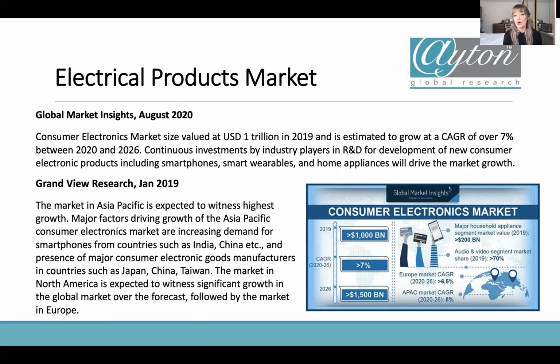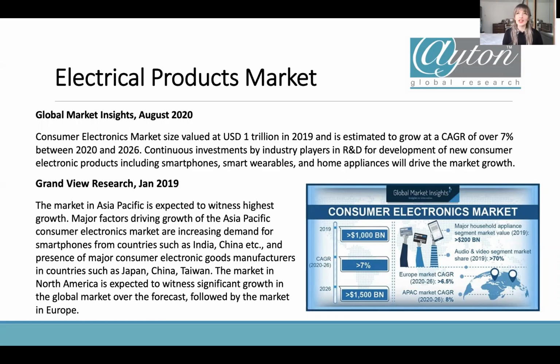Things like smartphones and smart wearables have been huge, and all home appliances. I think people are really into having these high-tech home appliances, where maybe they weren't so much a few years ago, which is really interesting. Another thing to think about is where that growth is going to be.